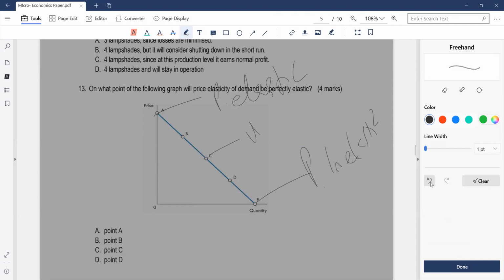Here it's unitary. Here it's elastic. Here it's inelastic. So the question is saying, on which point of the graph is the price elasticity of demand perfectly elastic? It's at point A, where it touches the x-axis. When it touches the y-axis, that's when it's perfectly inelastic.